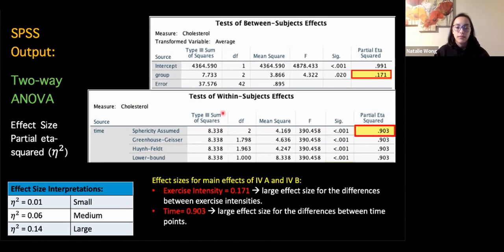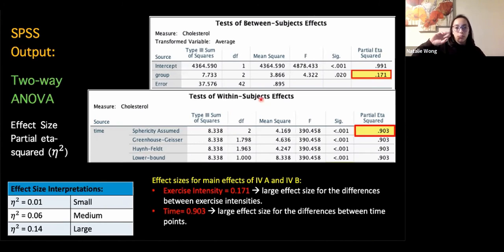This test of within subject effects also has our interaction effect. I have had a small handful of people from both sections who were reporting the effect sizes associated in this within subject effects table for the interaction effect.